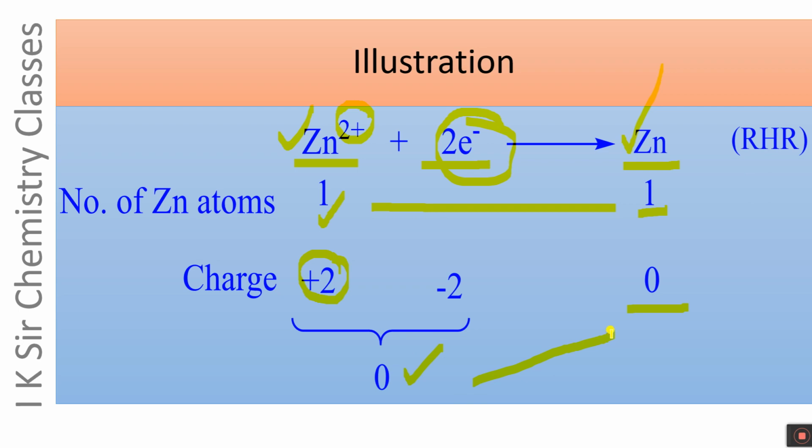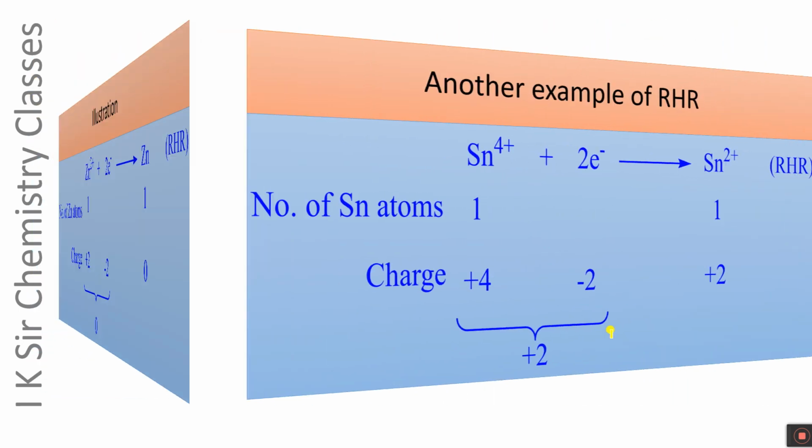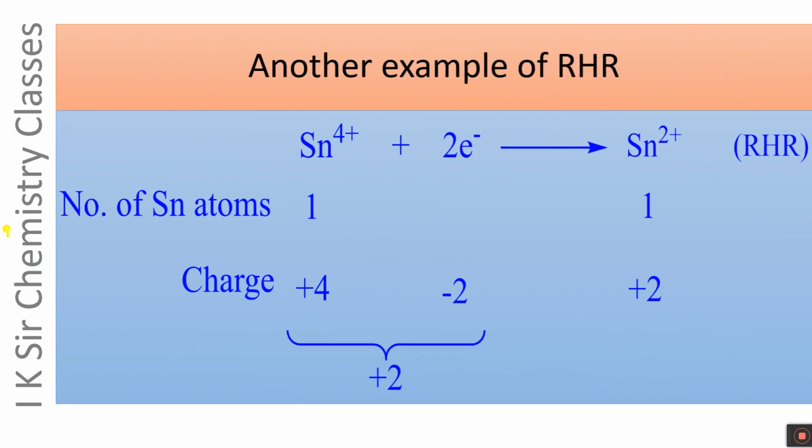Another illustrative example of reduction half reaction is given below. Sn4 plus ion gains 2 electrons forming Sn2 plus ion. The number of Sn atoms on the left hand side is 1 and the number of Sn atoms on the right hand side is also 1.